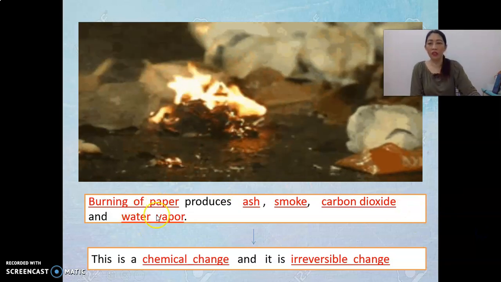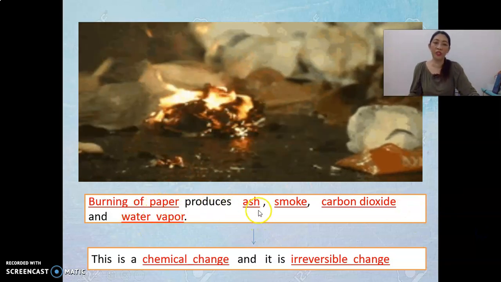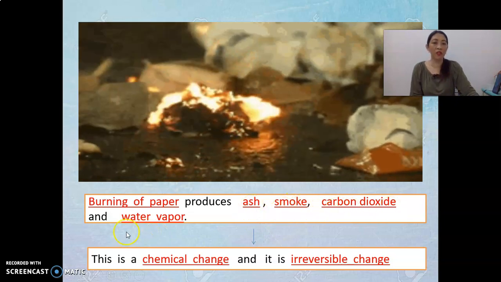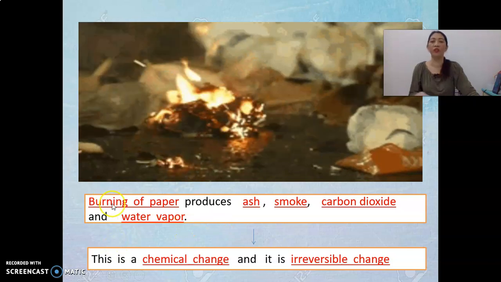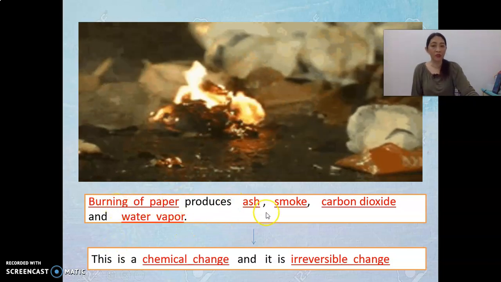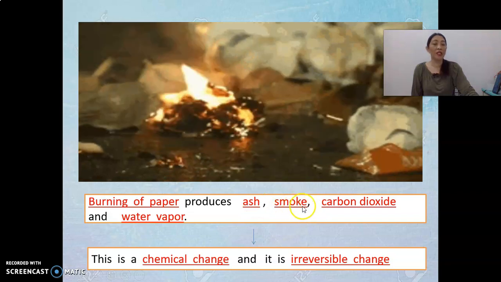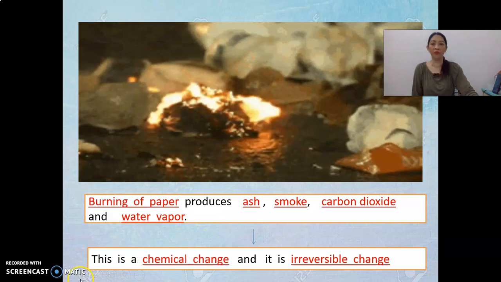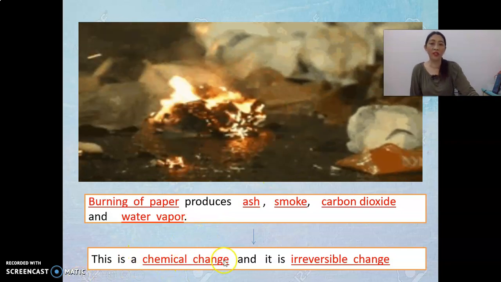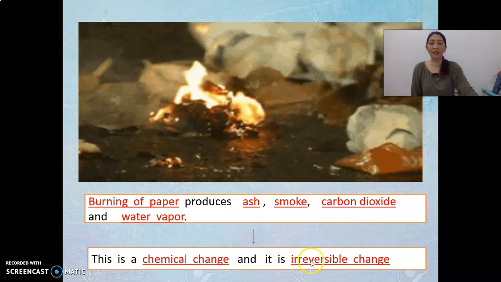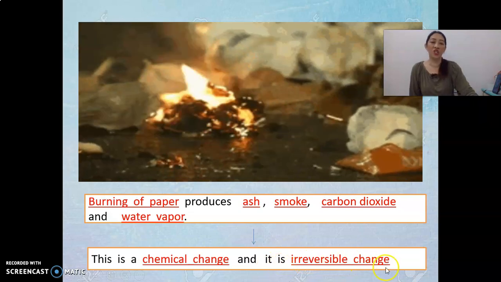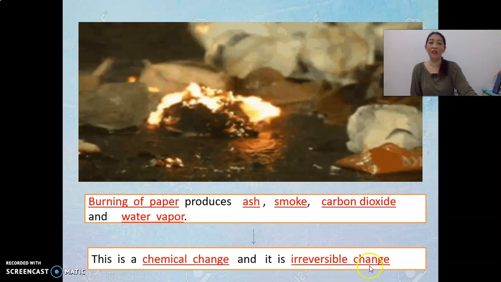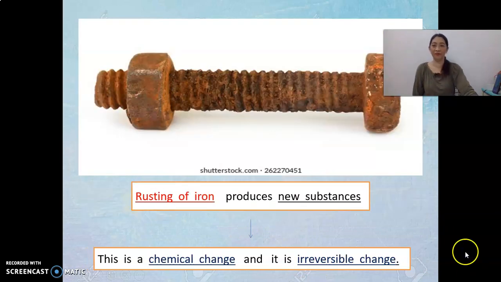Next is burning of paper, which produces ash, smoke, carbon dioxide, and water vapor. This is chemical change and it is an irreversible change.